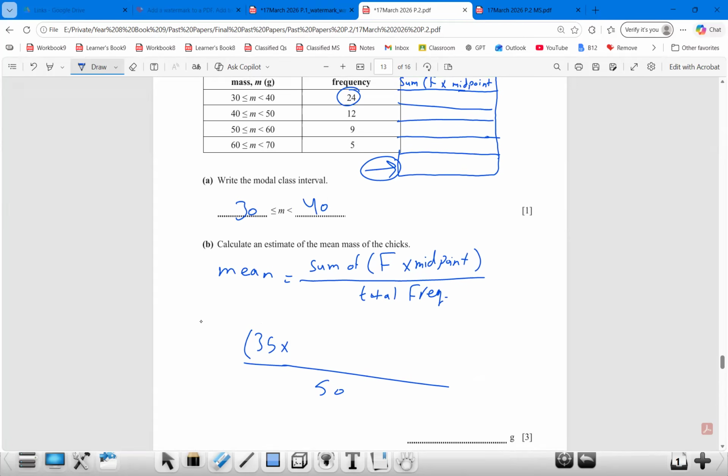So it is 35 multiplied by 24 plus 45 times 12 plus 55 times 9 plus 65 times 5, over the total, which is 50.